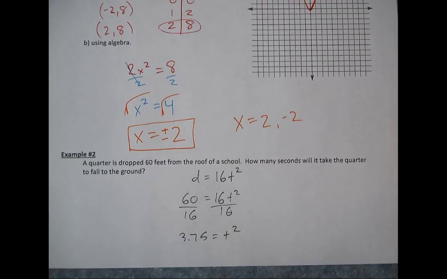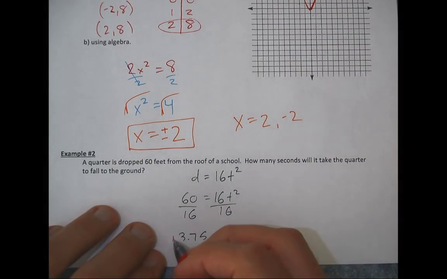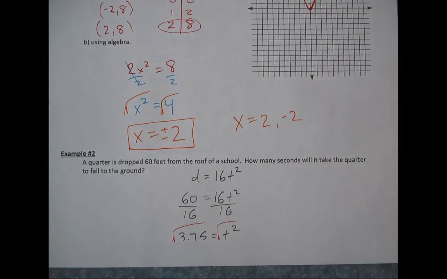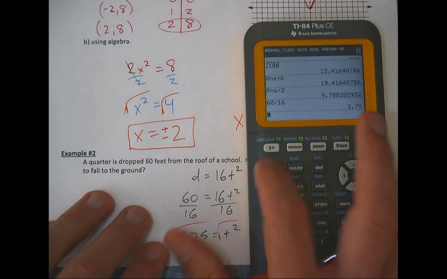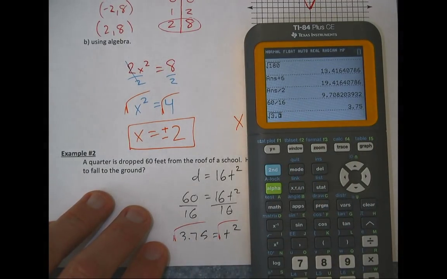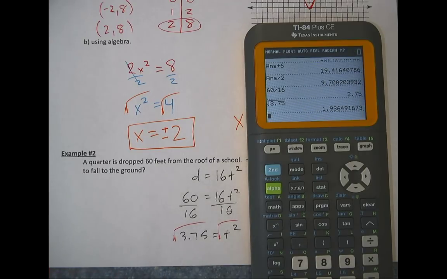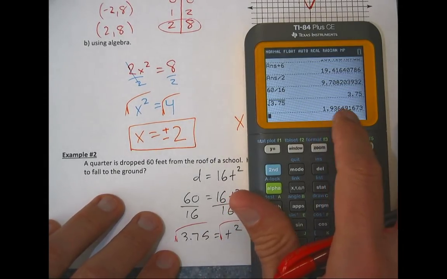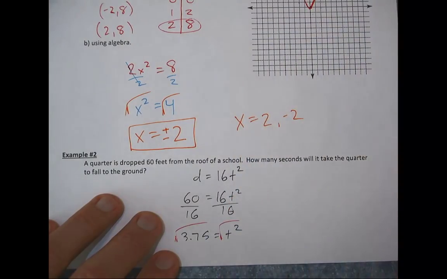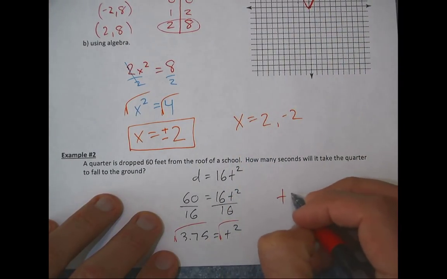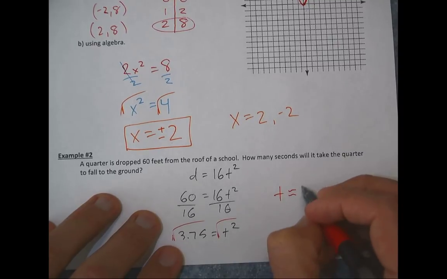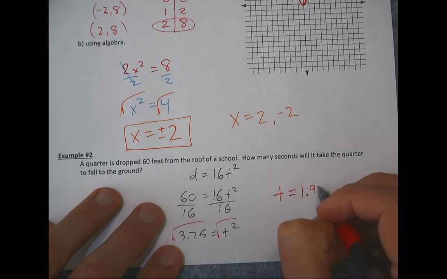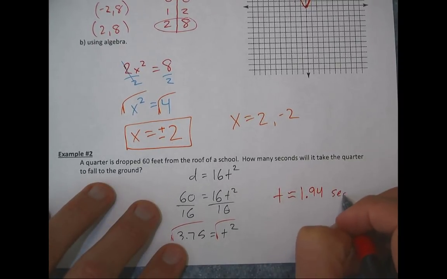And that's t squared, so we want to find just t. So we're going to square root 3.75. Now we're estimating, so we're going to round this. 1.93 kind of goes up to 1.94. So we're going to say t is approximately 1.94 seconds.